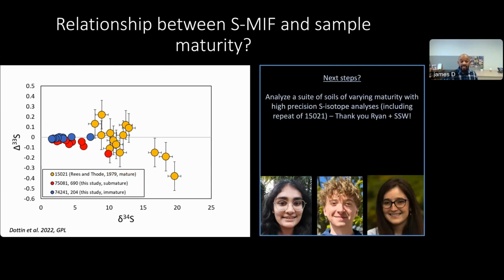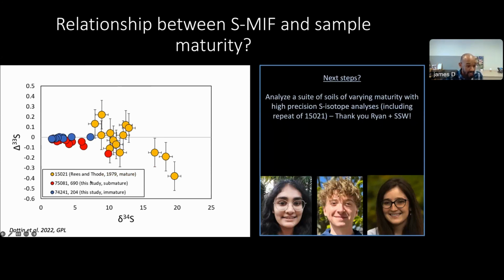So in our next steps, thanks to Solar System Workings and Ryan for approving our request, our plan is to analyze a suite of soils of varying maturity. We're going to again sieve our soils and perform high precision sulfur isotope analyses, including a repeat of 15021.